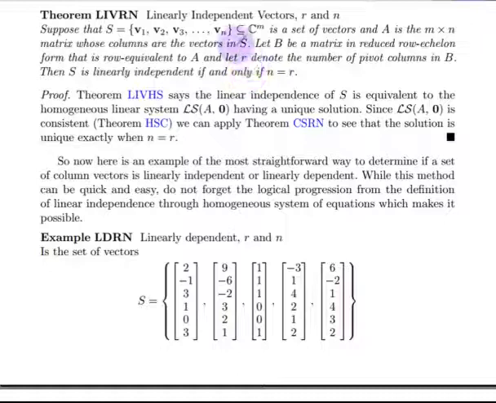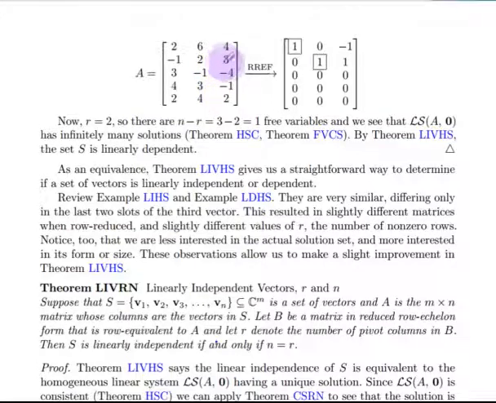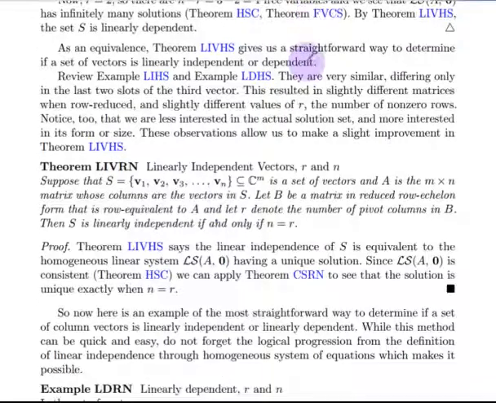All right, now we noticed in the previous examples that we had linear dependence if we could find free variables in the solution, in the row-reduced matrix. And if there were no free variables, then there was only the trivial solution and the vectors were linearly independent.